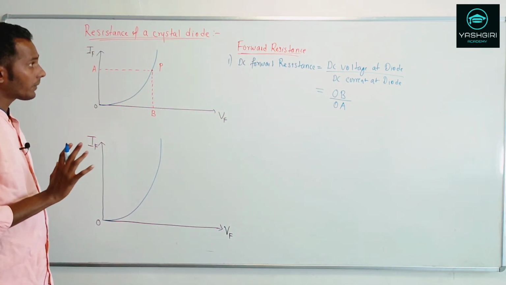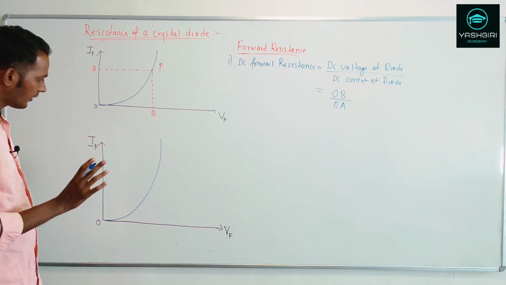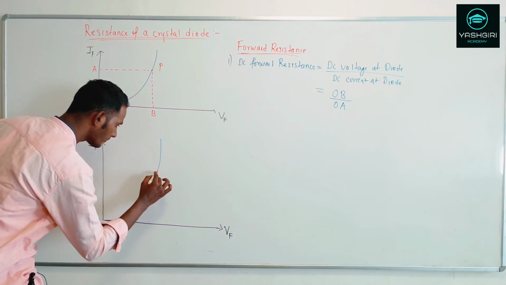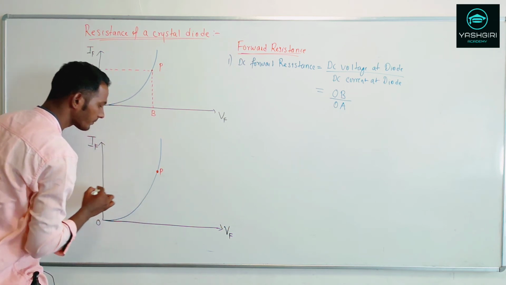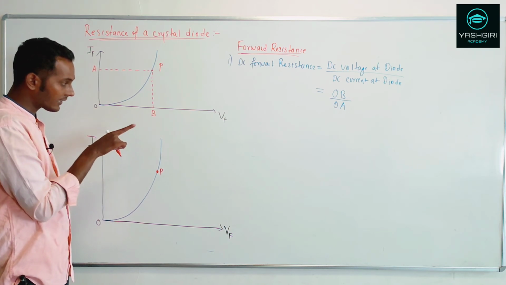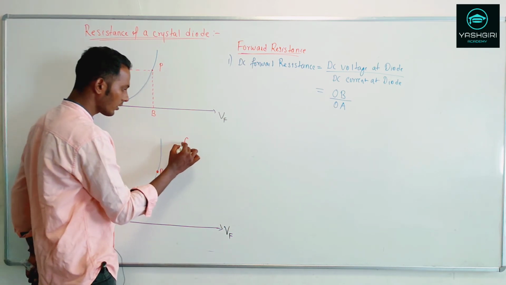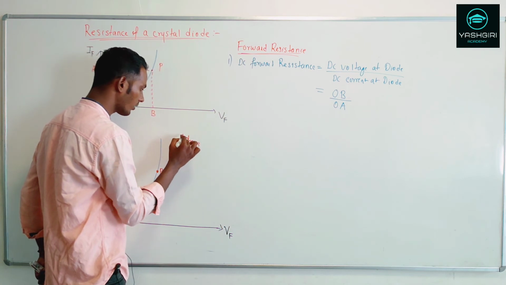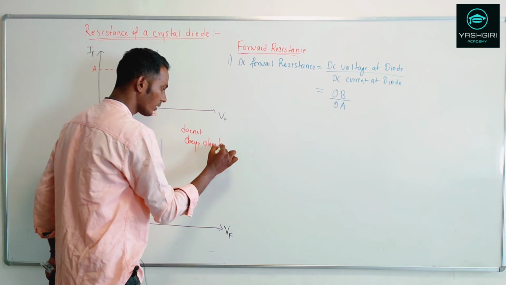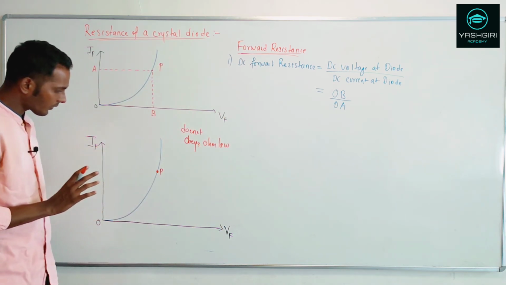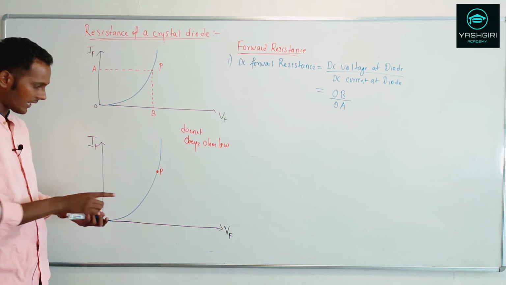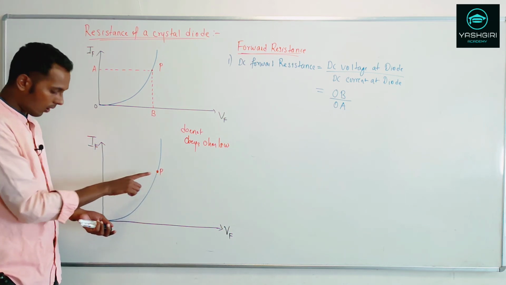Now what about the AC forward resistance? Let this P be the operating point. If you see this forward characteristic graph, it does not obey Ohm's law. The AC resistance comes when you try to vary the voltage across this operating point.